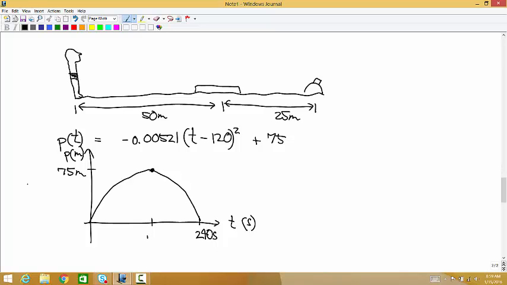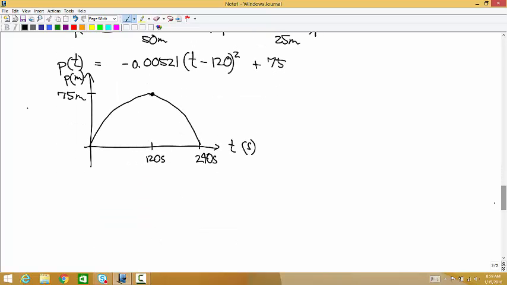This is 120. So first, what's the velocity function? And this time plot a velocity versus time graph.